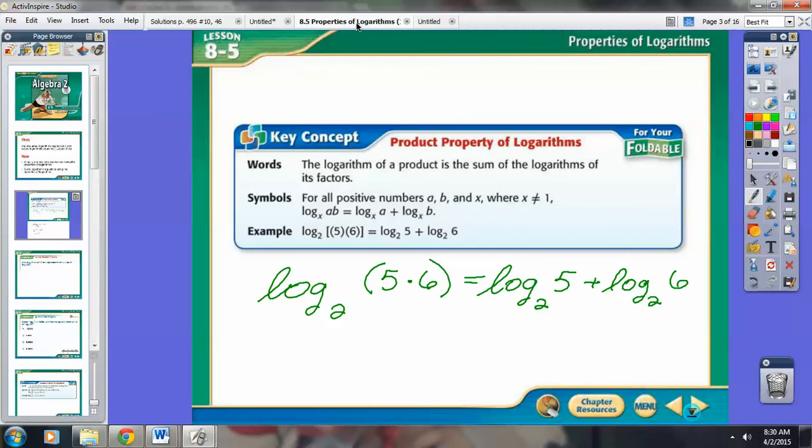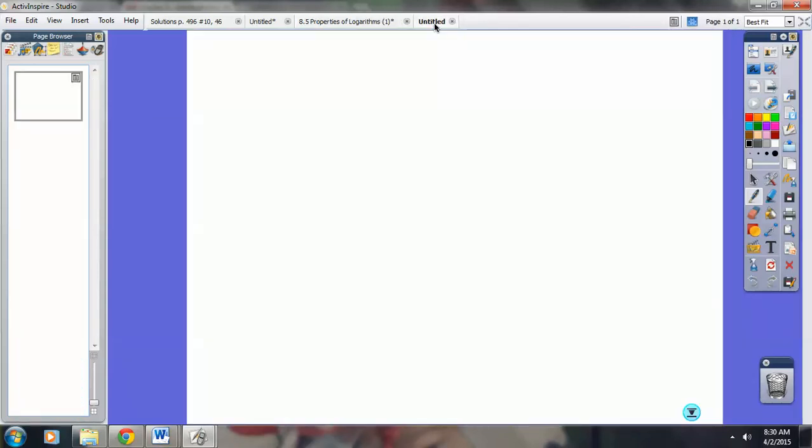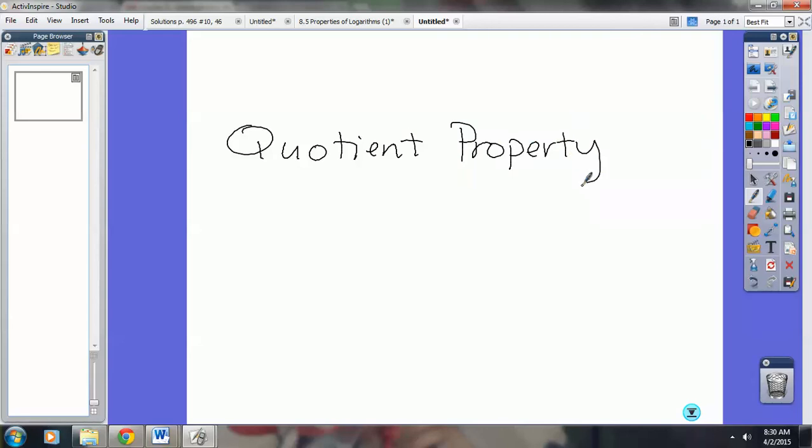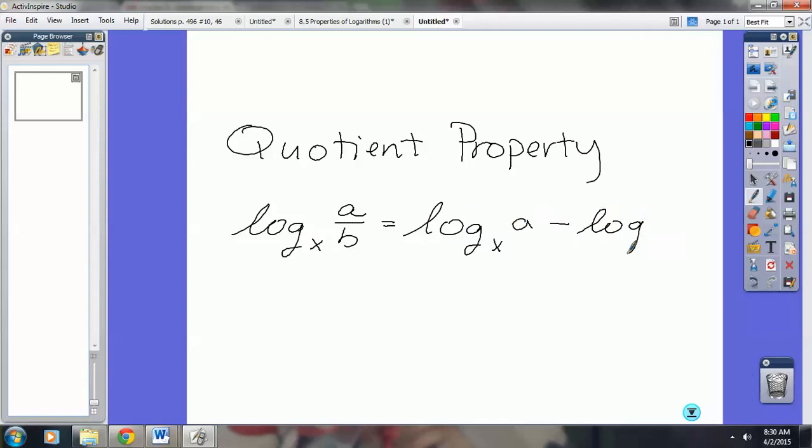Okay, the quotient property down below. The quotient property says that if we're dividing our arguments, that we're really subtracting. Isn't there another time that when we divide, we subtract? Exponent rules.